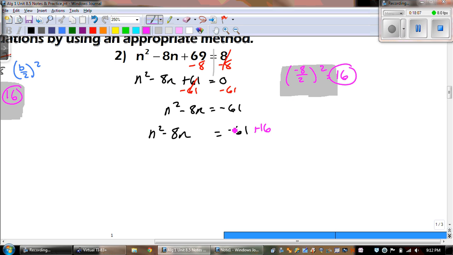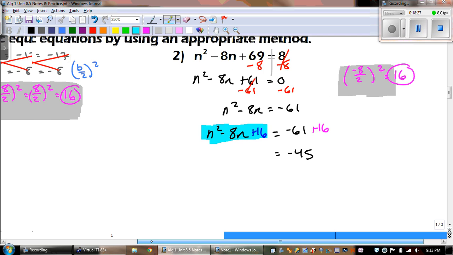So we're going to add 16 to both sides. Now the right side is negative 61 plus 16, which gives us negative 45.